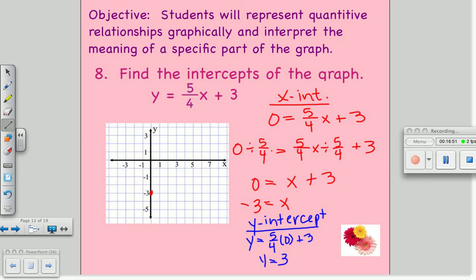So y equals 3. And I did this wrong on the x. Sorry. The x-intercept is negative 3. We have to go on x to negative 3, not y. My mistake. And the y-intercept is 3. Y goes up to 3. And you draw your line.